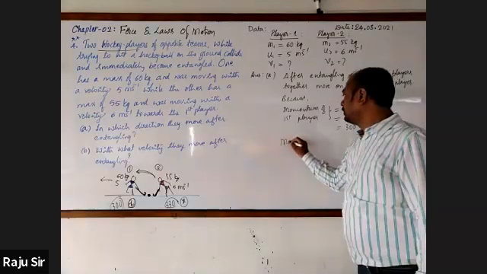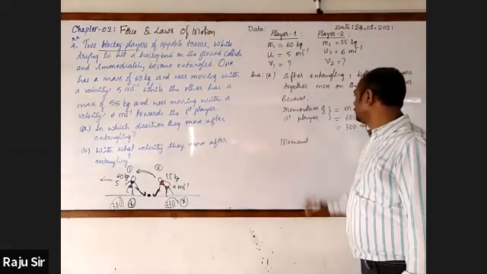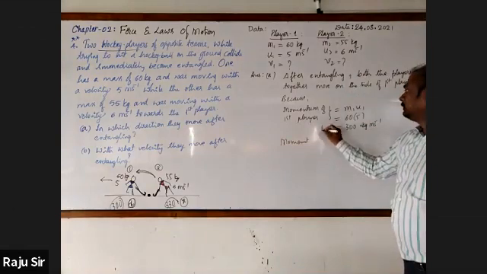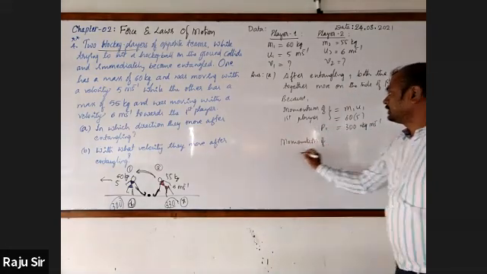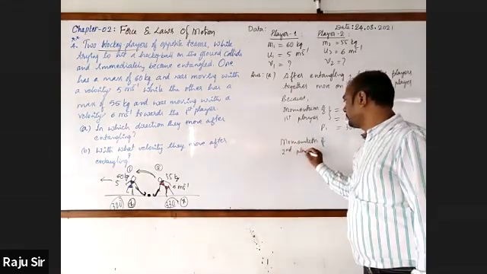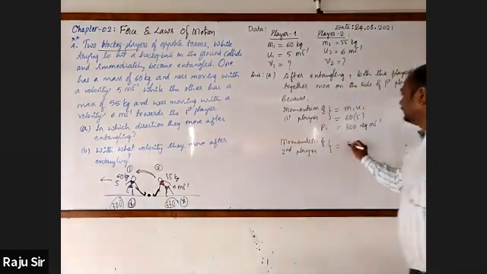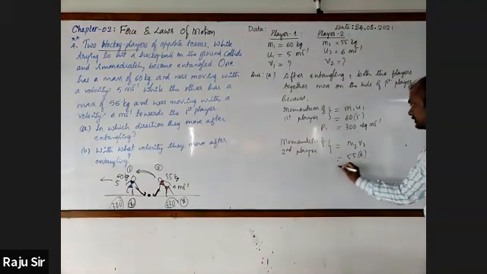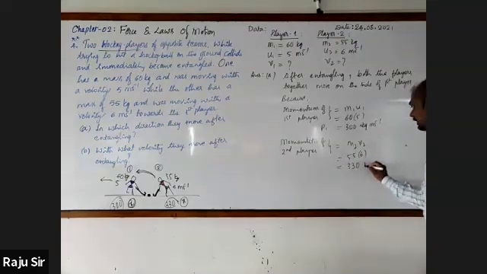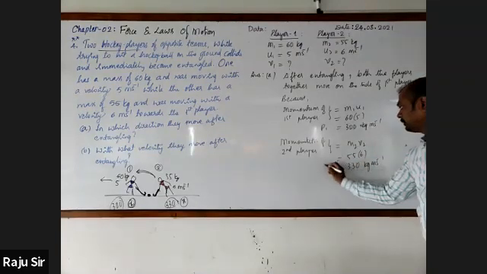Then momentum of second player is M2 U2, equal to 55 into 6, which is 330 kg meter per second.